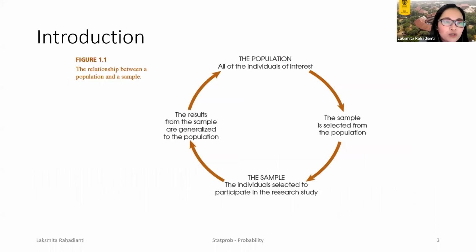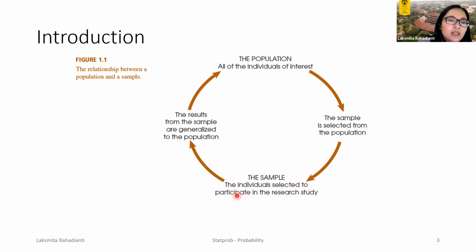So I'm going to start with this graph that I had already shown you previously. If you recall, this is the process of statistical inference. When you're studying a population, obviously you cannot study it in its entirety. So you take a sample from it. From the sample, you then study these individuals. You measure certain aspects, certain properties, certain statistics.